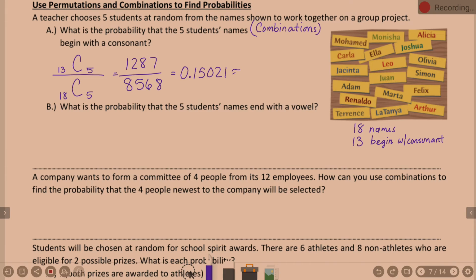As a decimal, I had 0.15021, and so on, which is approximately what percent? 15%. Okay, that's our first intro there.